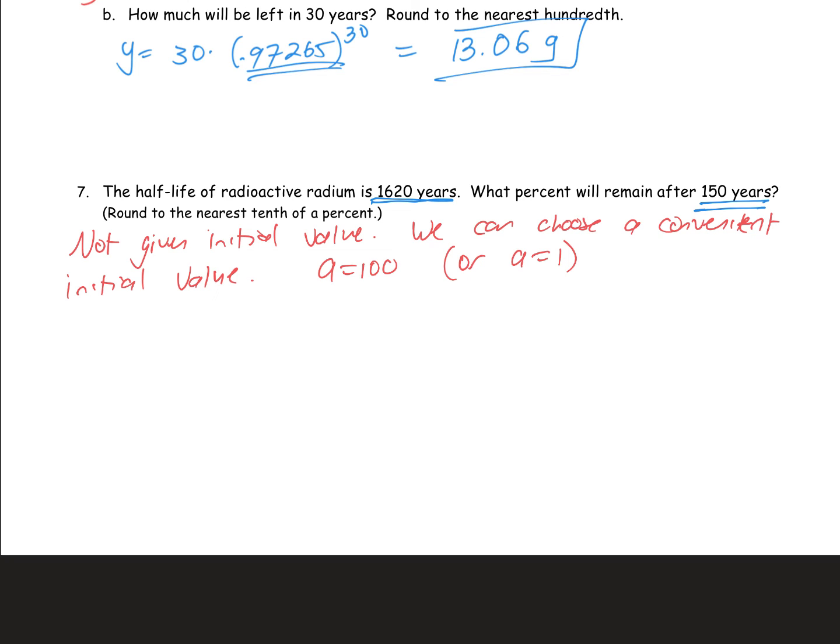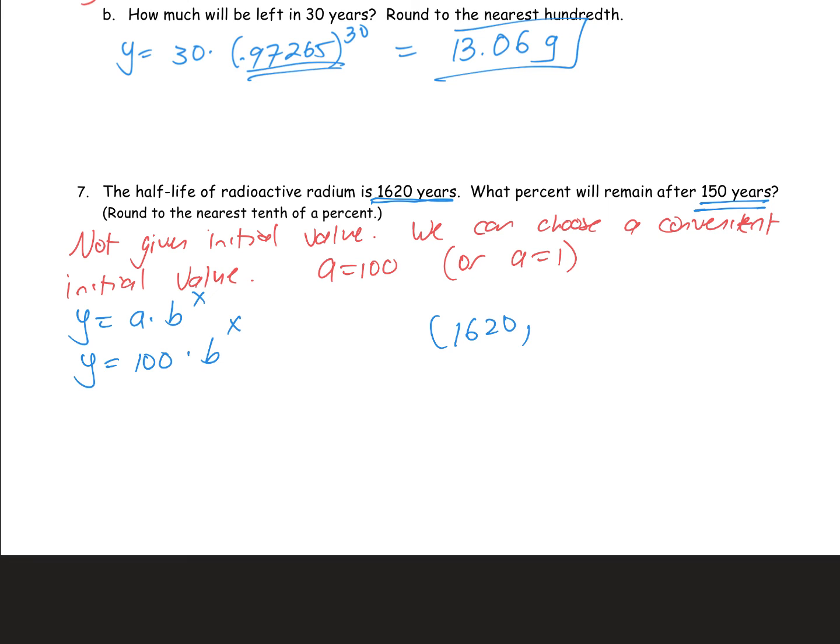Just like before, we start with our model, y equals a times b to the x. I'm going to let a be 100, so y equals 100 times b to the x. Now we need a point to help us determine what b is. The half-life gives us that point. After 1,620 years, we have half of what we started with.